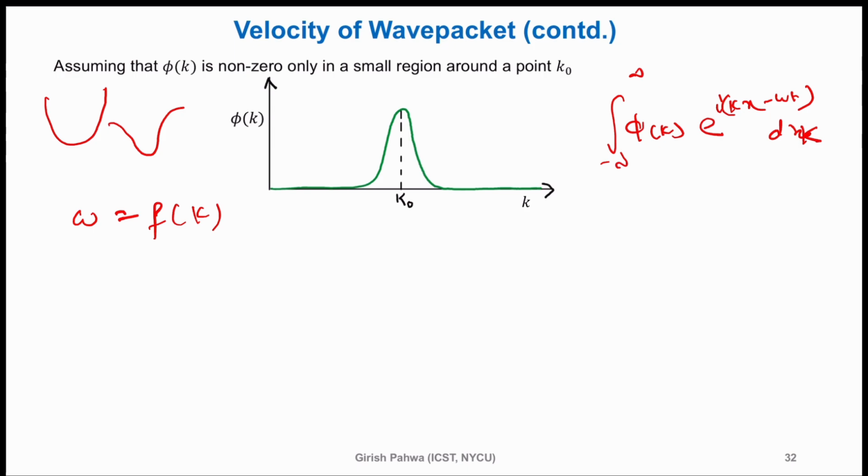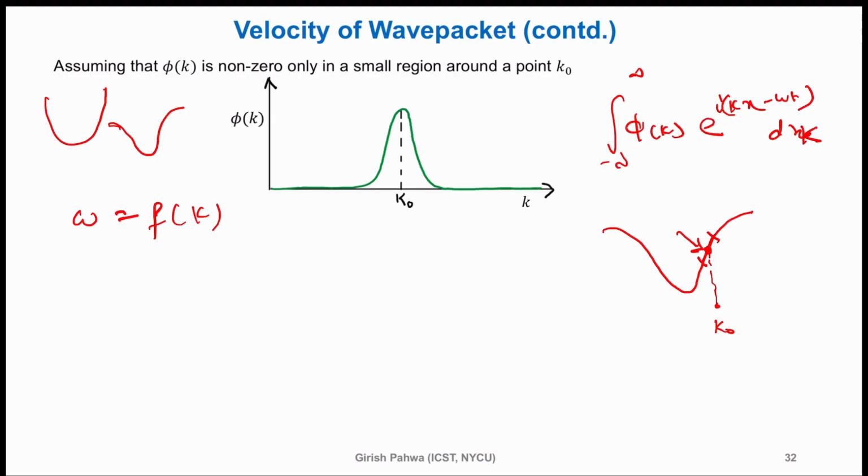So say I have this nonlinear relationship. I'm taking the most general case, say this is my k naught. Now if I restrict myself to only a small region of k values around this k naught, so I am somewhere here, how does this portion look? Does it look almost linear to you?